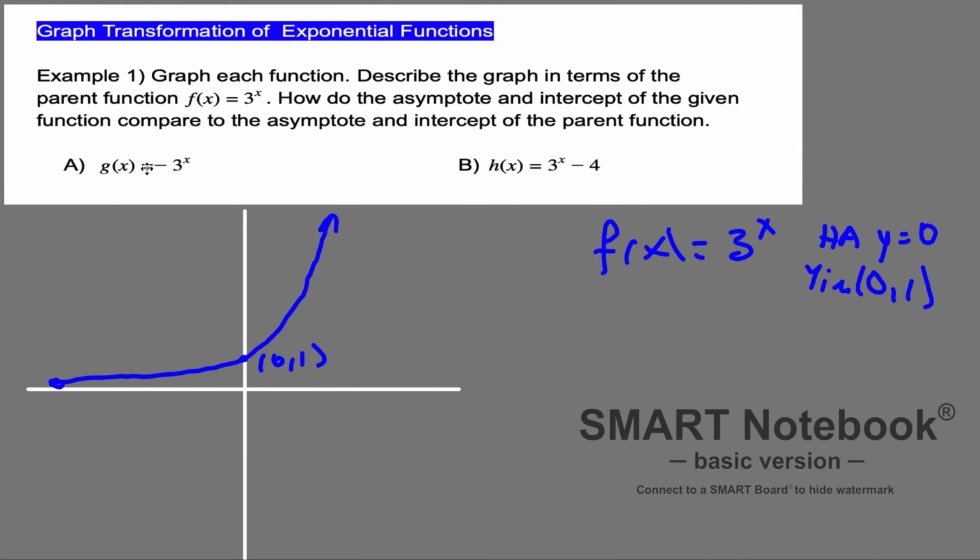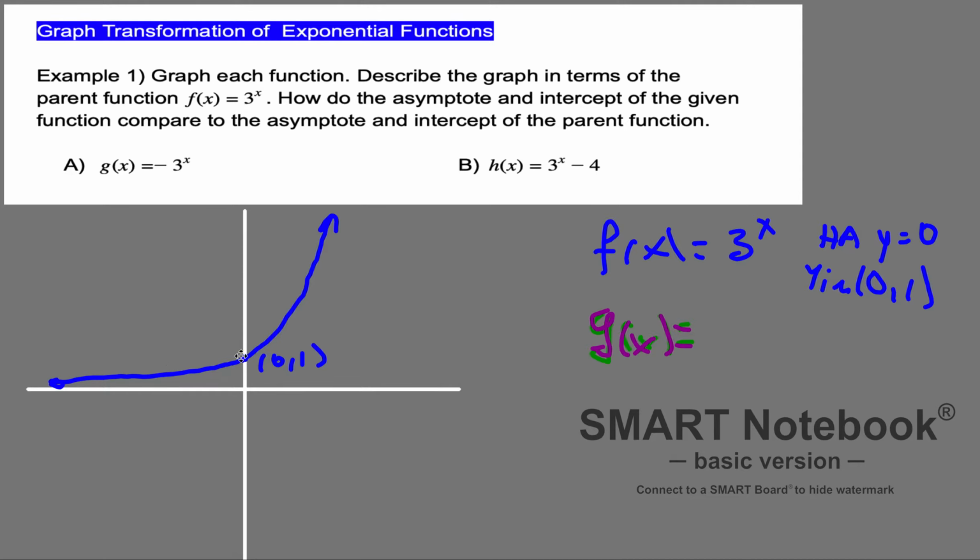And if we have, for example, minus 3 to the x, so minus 3 to the x here, that's g of x. Let me write this one in green, okay? g of x, I think it's not a good color here, let me write with this one, maybe better. So g of x here is a reflection of the parent function over the x-axis.